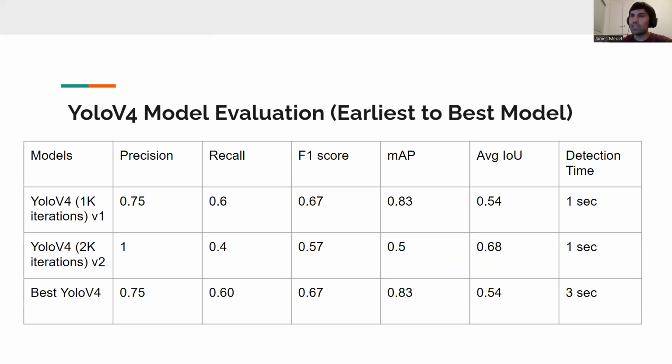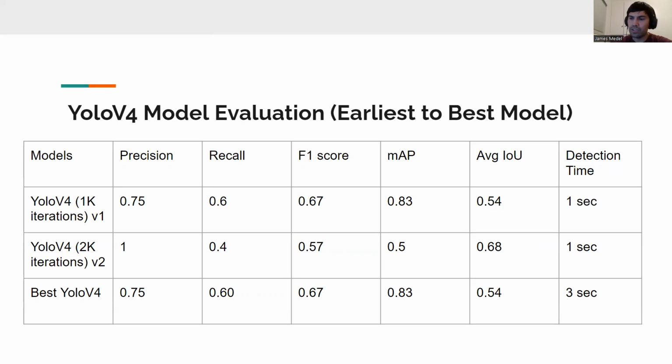What we can see here is we're focusing on the models that have the best precision, recall, and average IOU. The detection time is pretty key for reaching real time. Precision is pretty high on the first and the last model at 75%, and recall is 60%, so we could still do a bit better there.